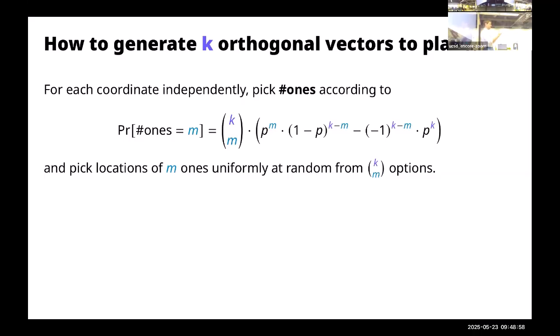And after I decide how many ones I put there, since it has to be symmetric, I just pick one of the k choose (number of ones) combinations of where to put the ones. So the only real question is, what is the distribution on the number of ones if you look at a single coordinate? So this is the correct distribution.